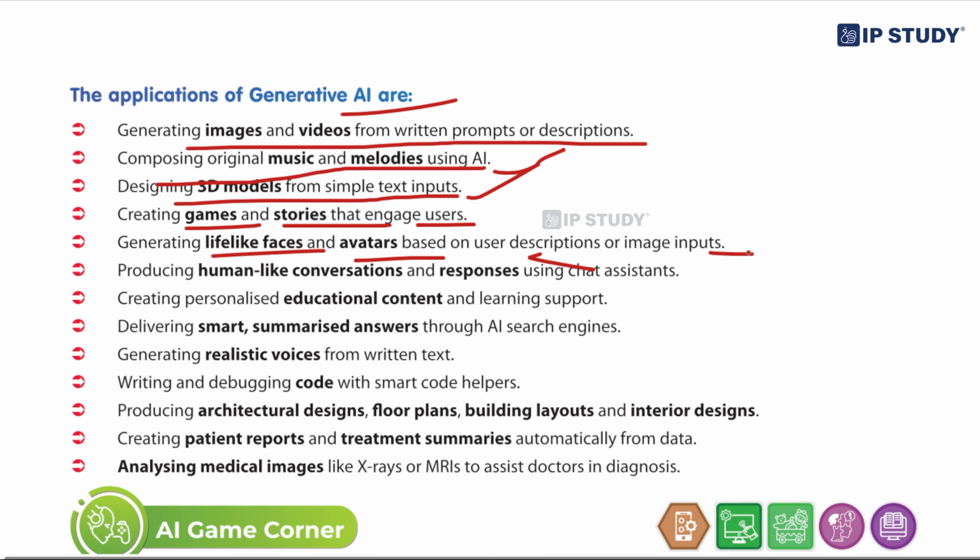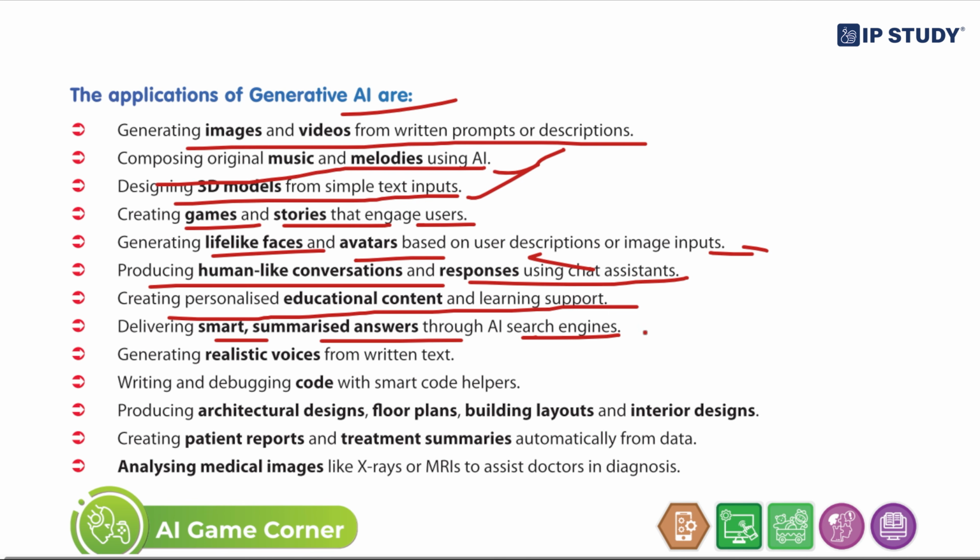So it can create human faces and avatars also, from every output and description in just natural form. Producing human-like conversations and responses using chat assistants. Creating personalized educational content and learning support. Delivering smart summarized answers through AI search engines. So AI search engines can help us to get smart and summarized answers also.